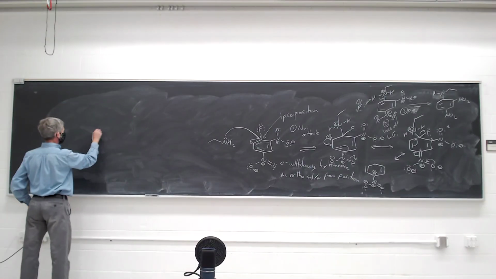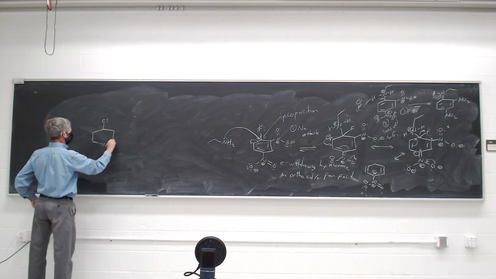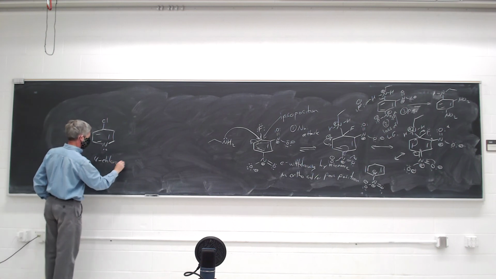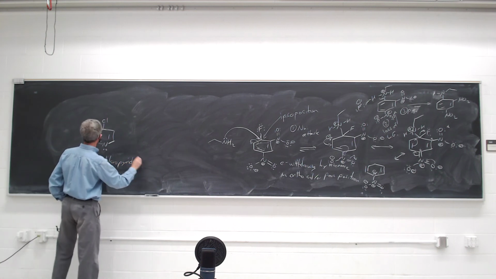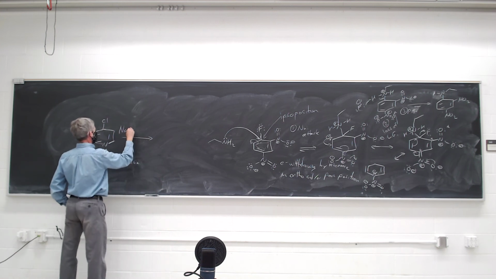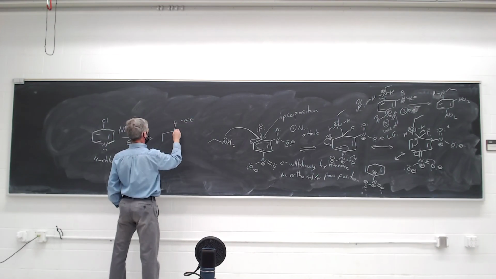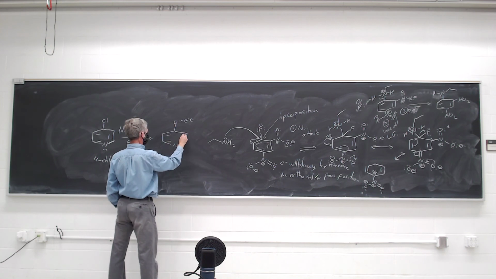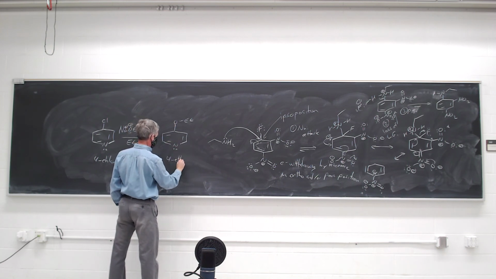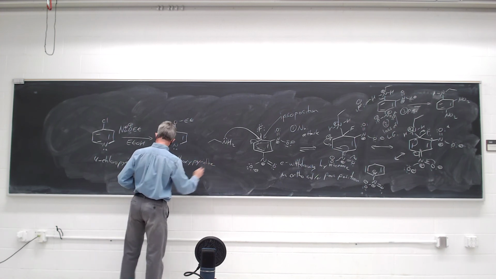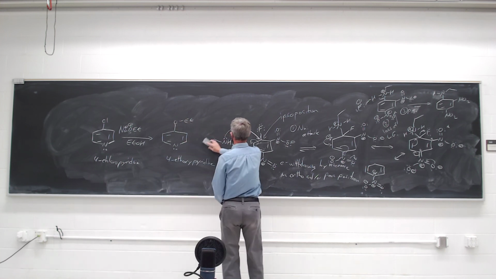So if you had, for example, 4-chloropyridine, and you were to treat that with sodium ethoxide and ethanol, you could generate 4-ethoxypyridine, and you could probably show me the mechanism for that if I asked you to.